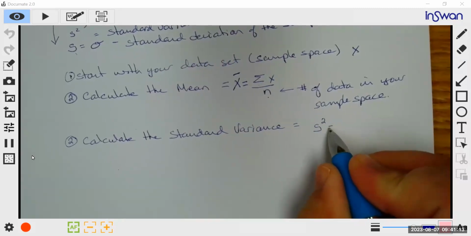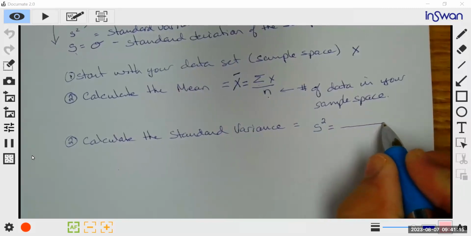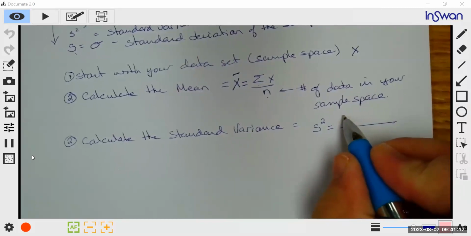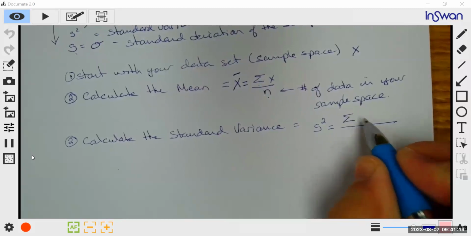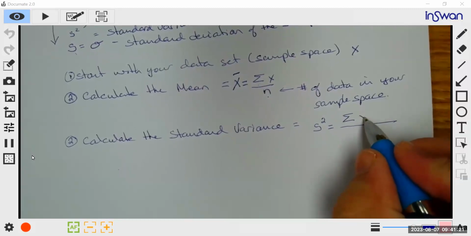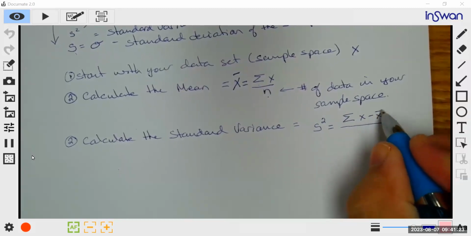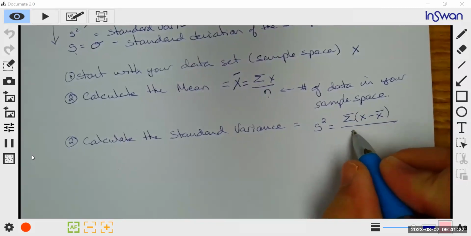So that symbol is S squared. So it's X minus X bar, squared, over N.